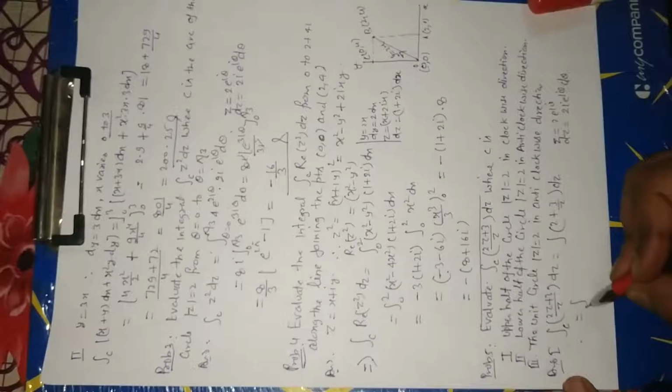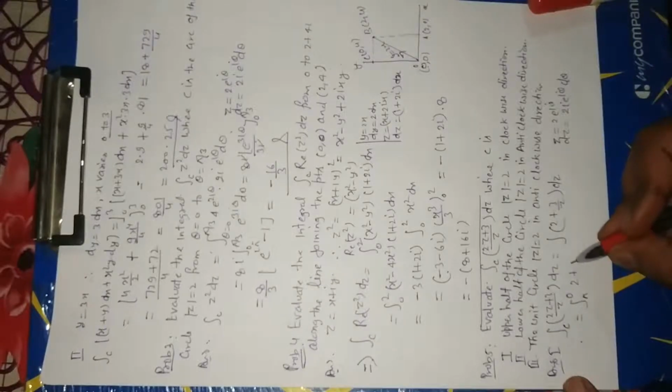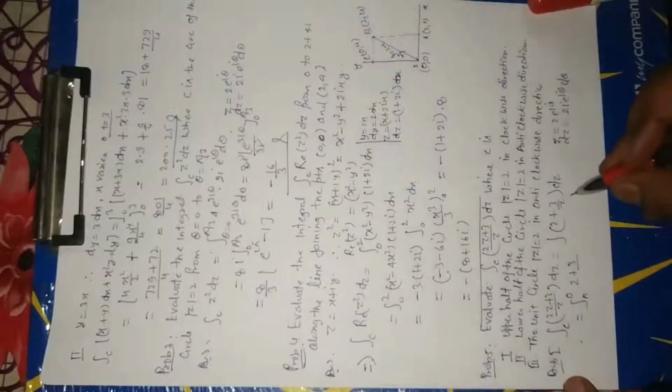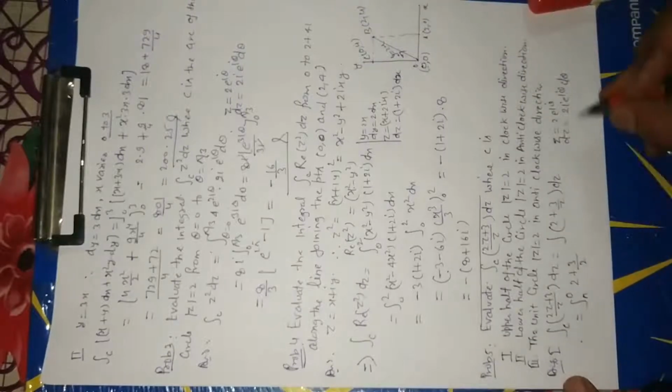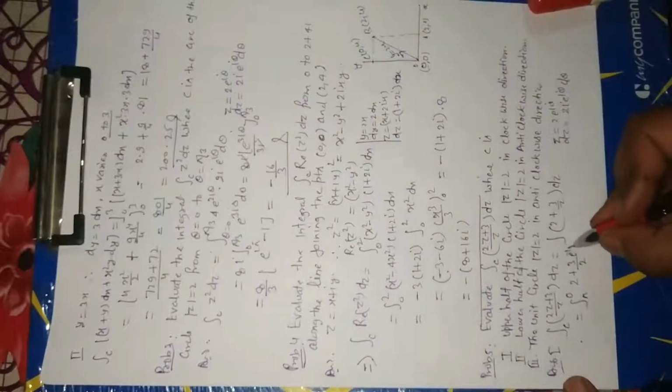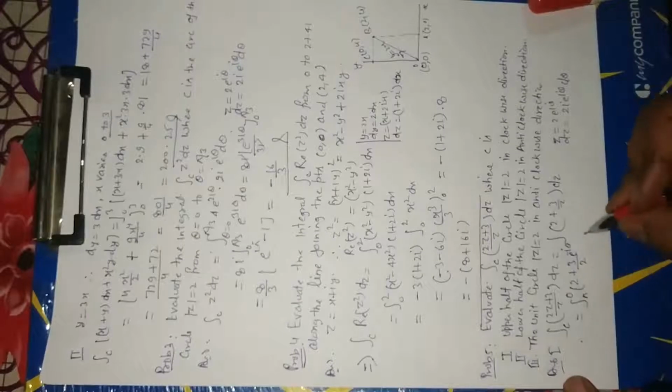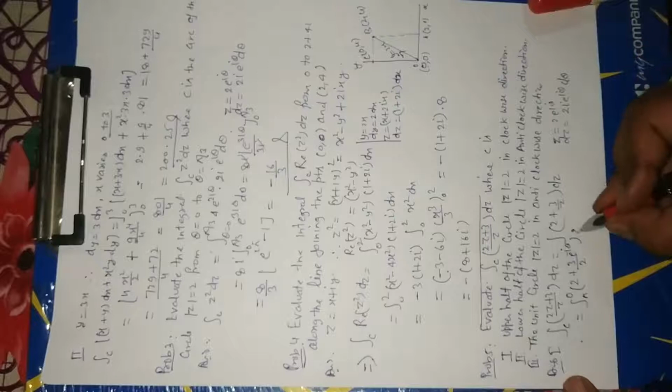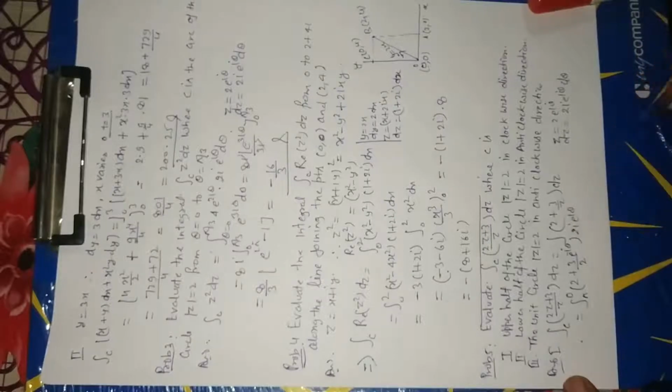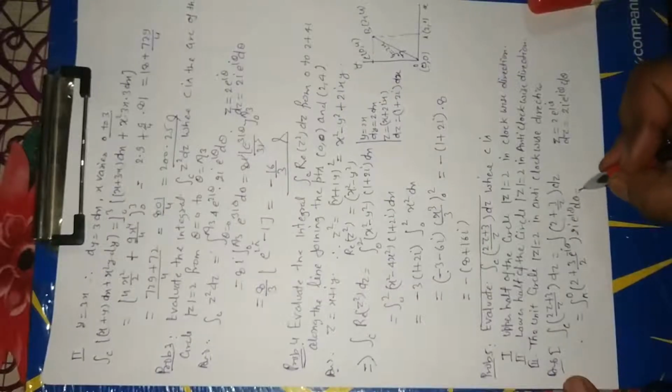Therefore limit pi to 0, 2 plus 3 upon z, where z is 2e to the power i theta, so e to the power minus i theta in the denominator, and dz is 2i e to the power i theta d theta.